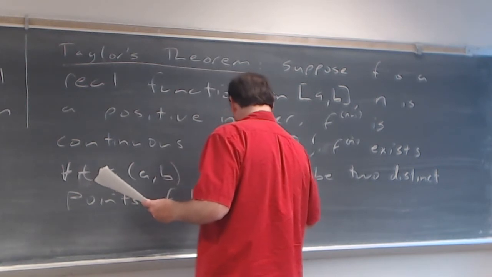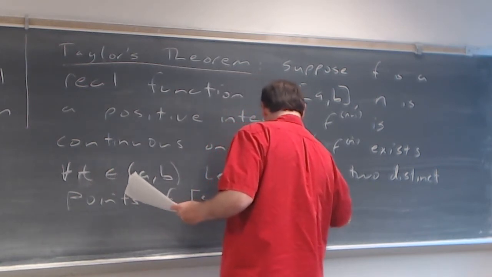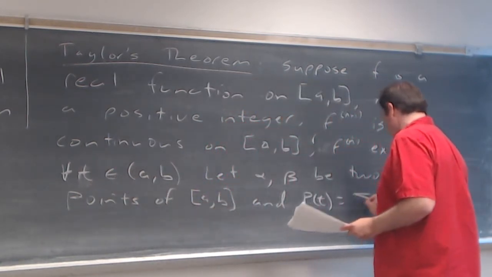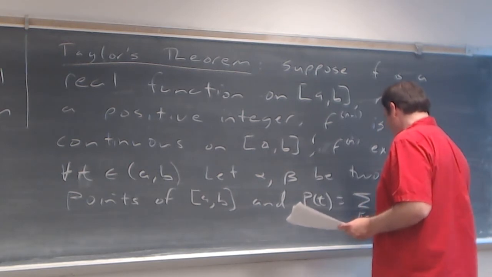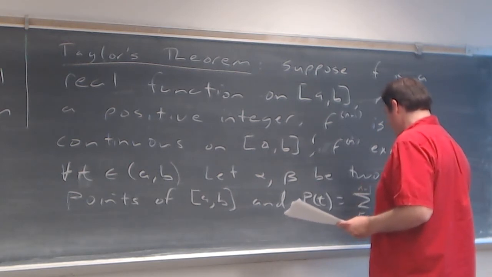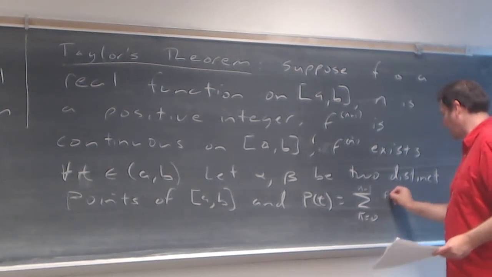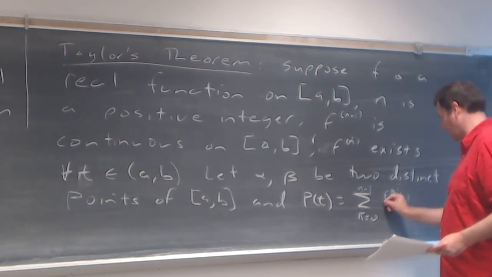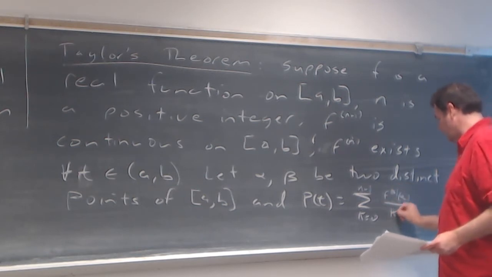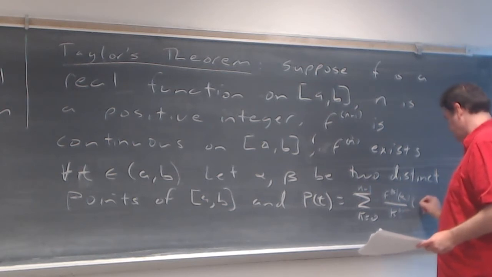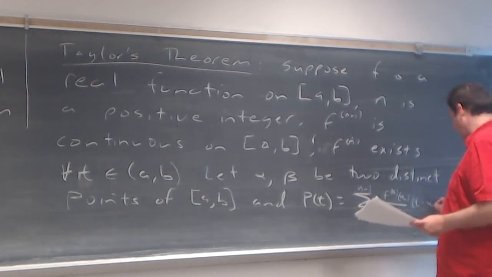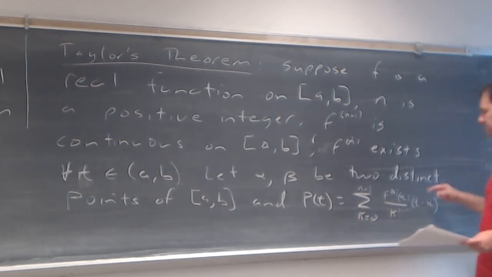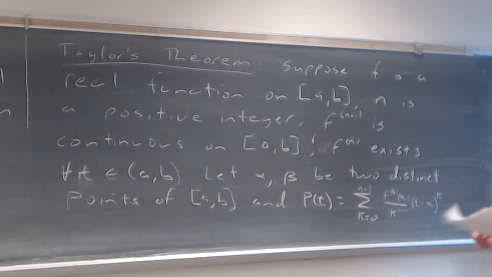And we're going to define a function p of t to be equal to the sum as k runs from 0 to n minus 1 of the kth derivative of f evaluated at alpha, over k factorial, times t minus alpha to the k. So that's a piece of t that's supposed to be defined.